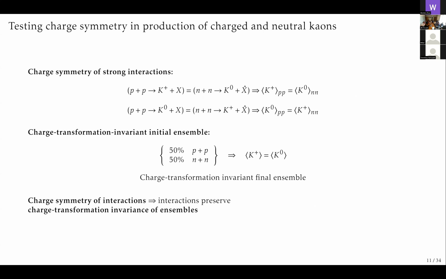Maybe one word: those equations translate into the fact that if we measure the mean multiplicities of K pluses and K zeros, the same multiplicities of K plus will be created in proton-proton collisions as K0 in neutron collisions, and the same is true if we reverse it.